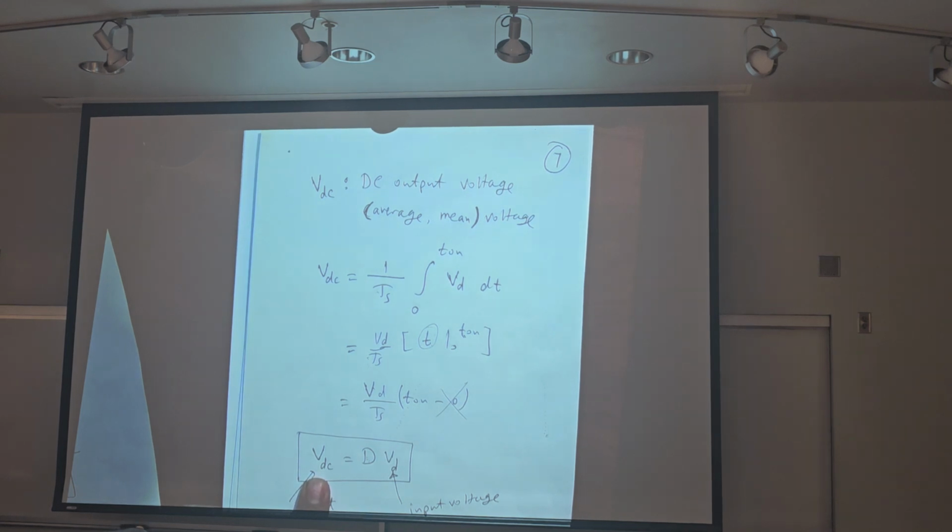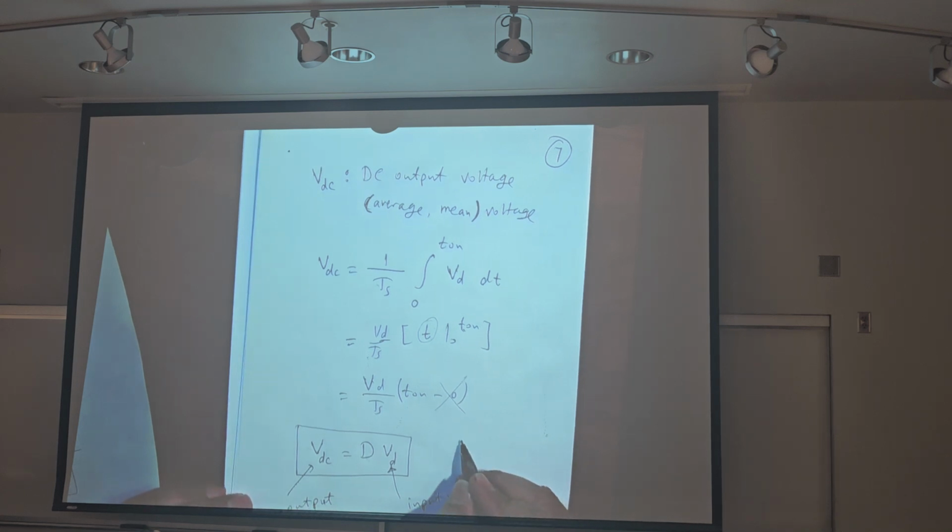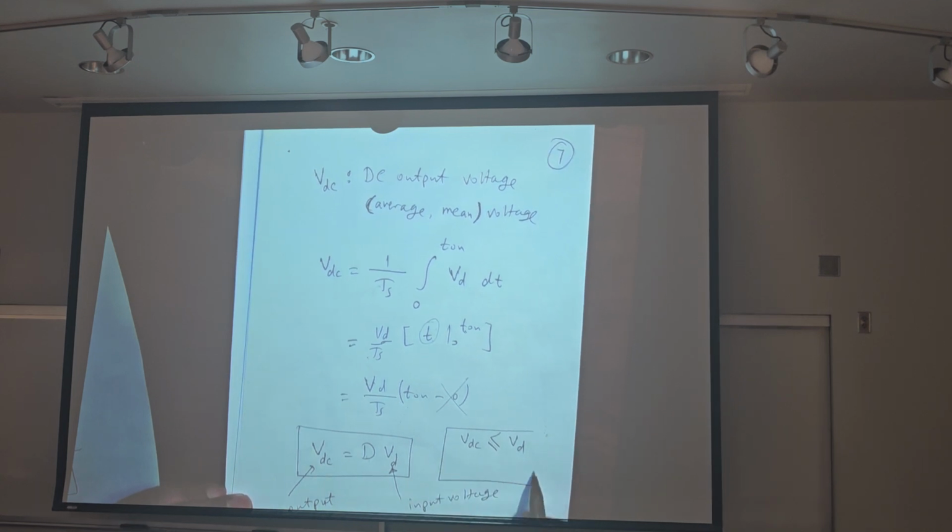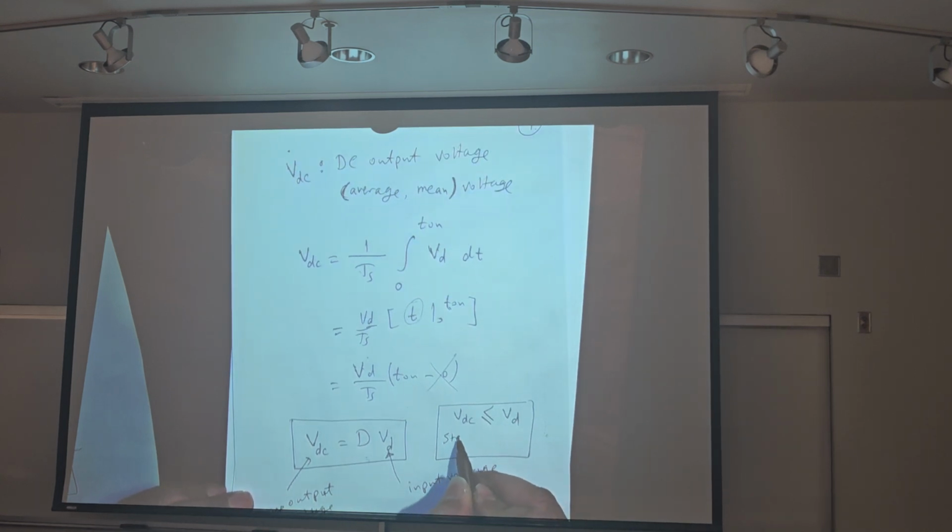So V out is less than V input. So this is a step down converter. VDC is less than or equal to VD.